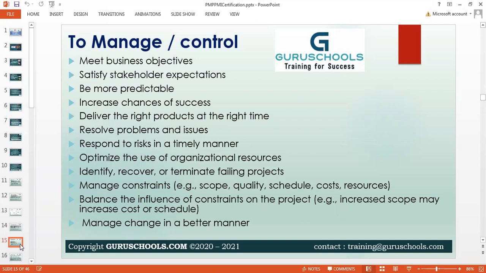So let's talk about management and control. How did the PMI start building this project management process in the late 70s? Before that, Carnegie Mellon was the pioneer institution, along with a few others like Oxford.